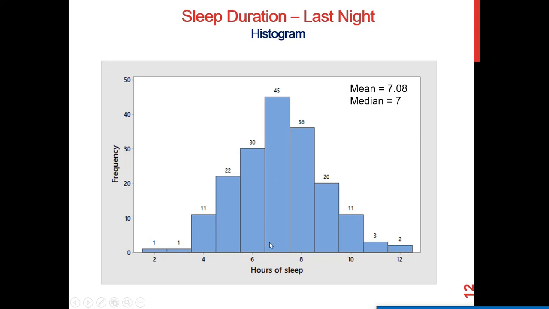So the majority of the people slept somewhere around 6.5 to 7.5 hours, right? 45 people slept that long, and the height of the bar represents the count. So up to 45 we have drawn this bar. The majority of the people slept for this duration. Then the next contender was 7.5 to 8.5, next was 5.5 to 6.5, and so on.